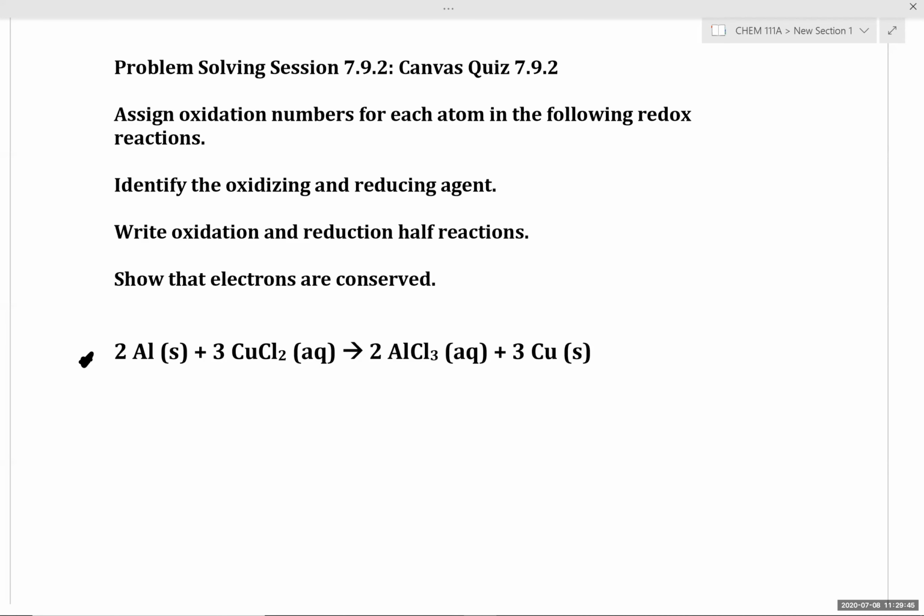Thankfully, this equation is already balanced, and we'll talk in later parts of this chapter about how to balance redox equations. We'll discuss this example in another 2 to 3 minutes.